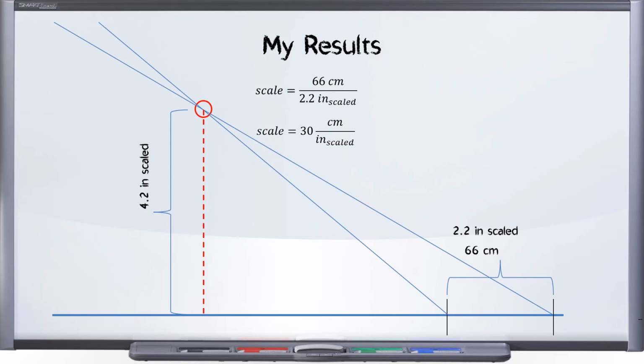Therefore, my scale is 30 centimeters is 1 inch. So how do I convert this? I just take my 4.2 inches times my scale, and I come up with 126 real world centimeters. So according to my triangulation technique with the protractors in PowerPoint here, my result was 126 centimeters.